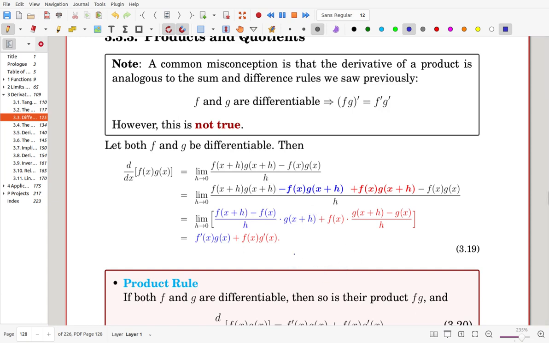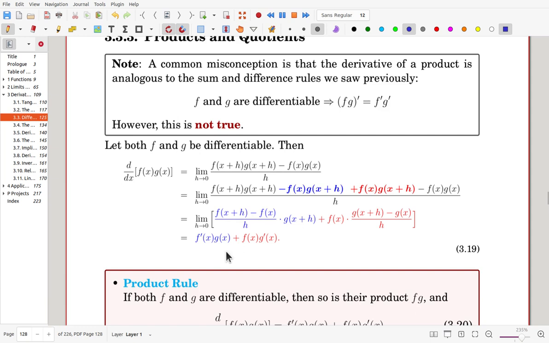Now we'll reorganize it. Here g of x plus h is common to these two terms, so we can put it outside, and for the second part, f of x is common, so we can put it outside. So they are the same.